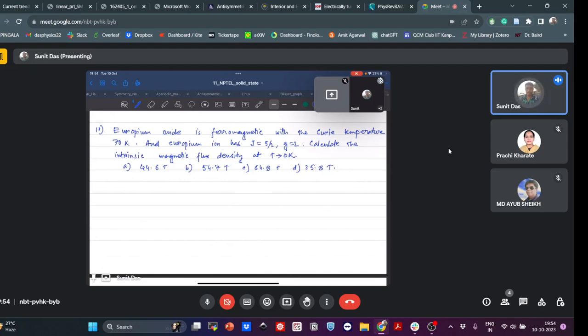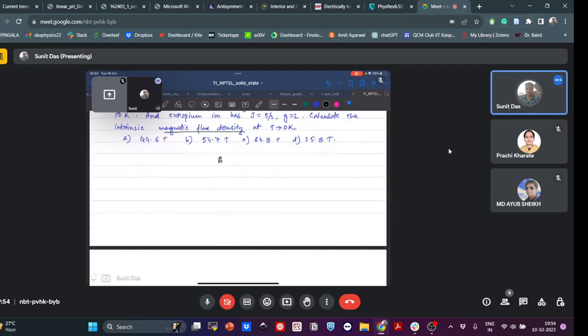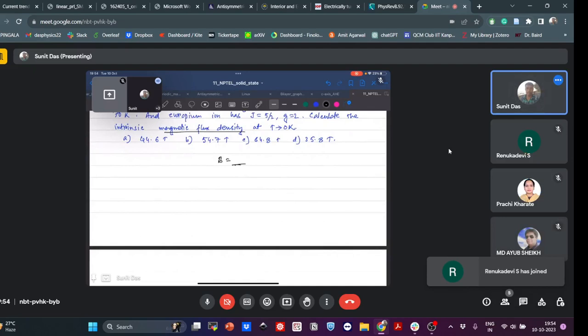Okay, so what do we mean by magnetic flux density? Magnetic flux density is this B. We need to find the intrinsic one. The only thing I can remember is mu 0 times H plus M. Nothing has been mentioned about H, which is usually externally applied. So this will be mu 0 M, and for a ferromagnetic material it can never be just mu 0 actually.